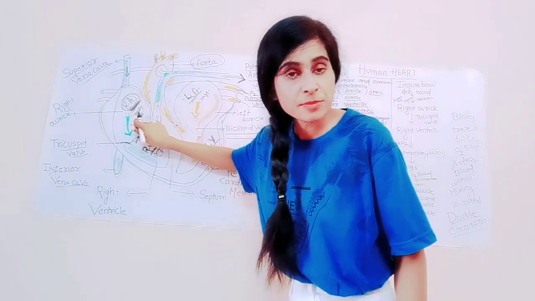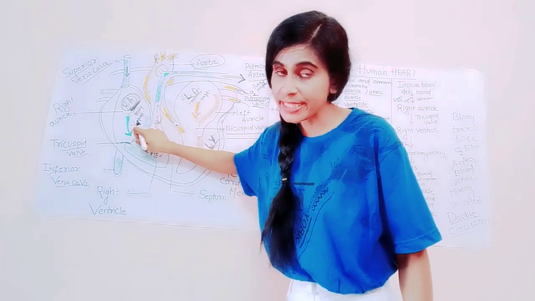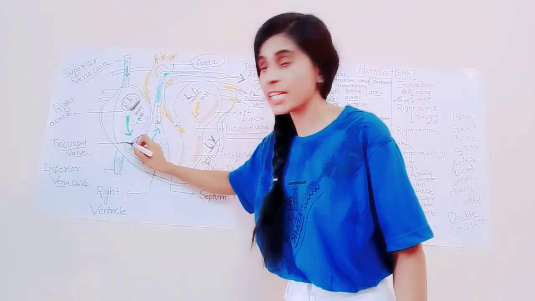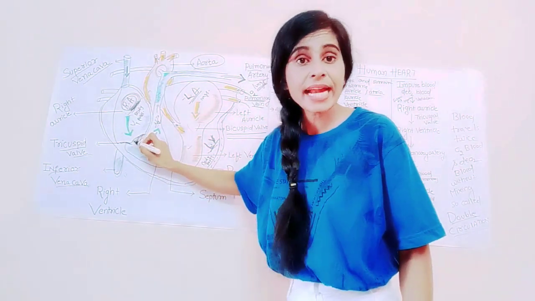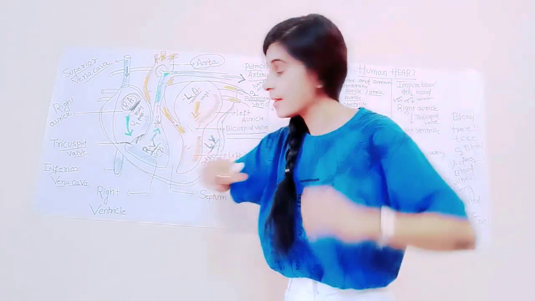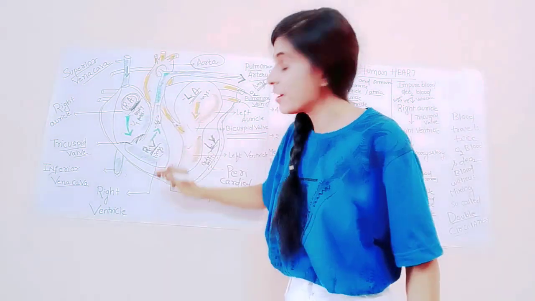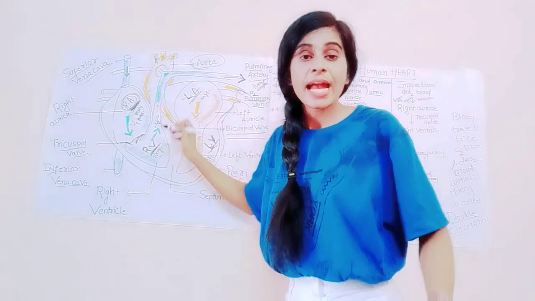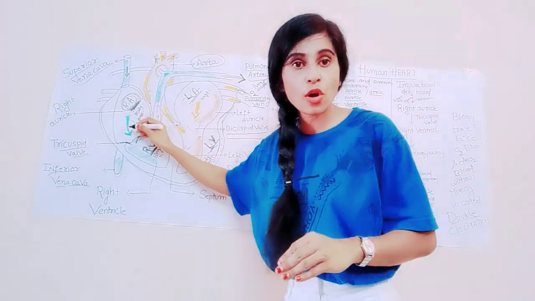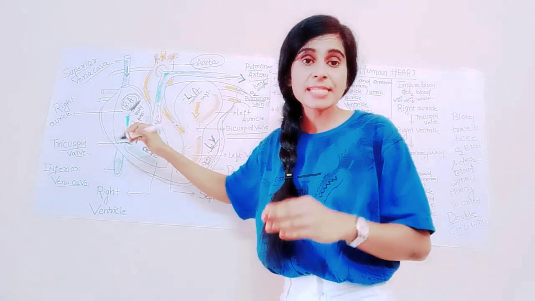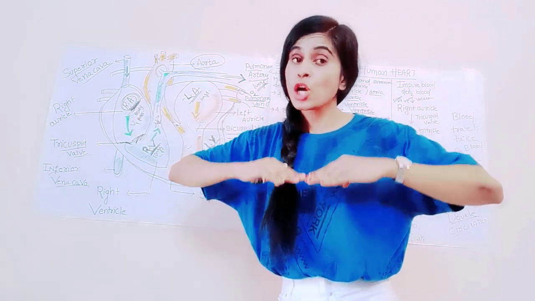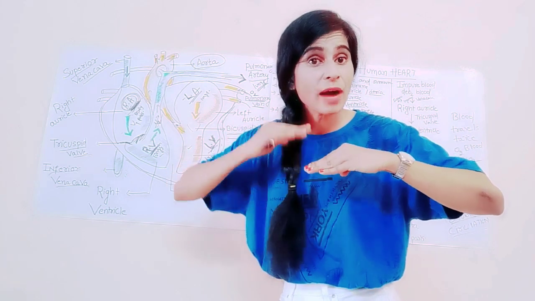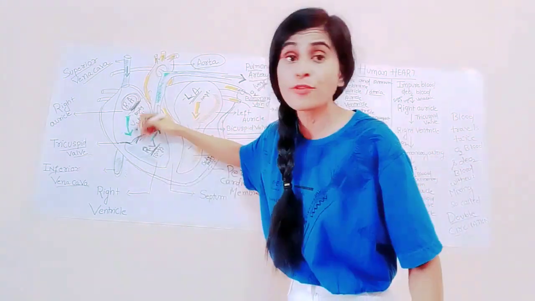So pressure becomes more, contraction takes place, and the tricuspid valve is present. That tricuspid valve will open and all the impure blood will enter into your right ventricle. After that, pressure becomes low, relaxation takes place, and the tricuspid valve will close. Because of these valves, the backward flow of the blood is prevented.